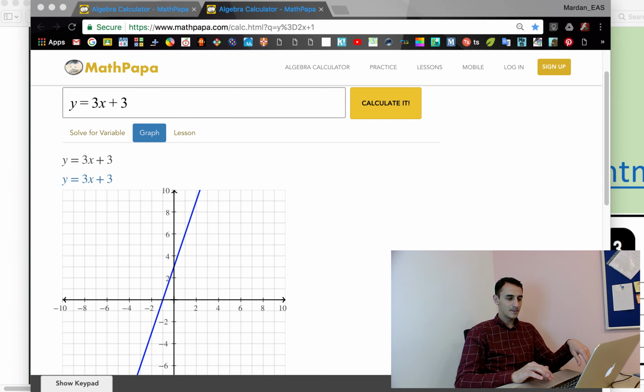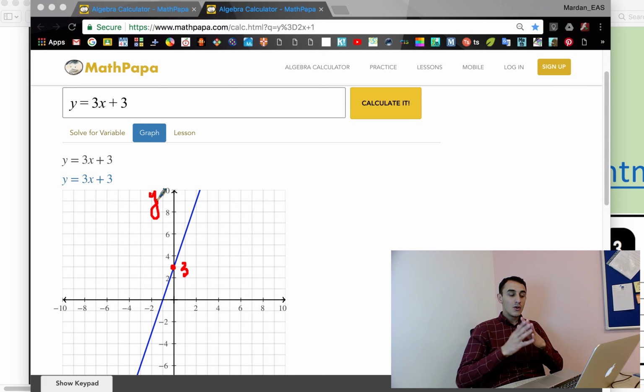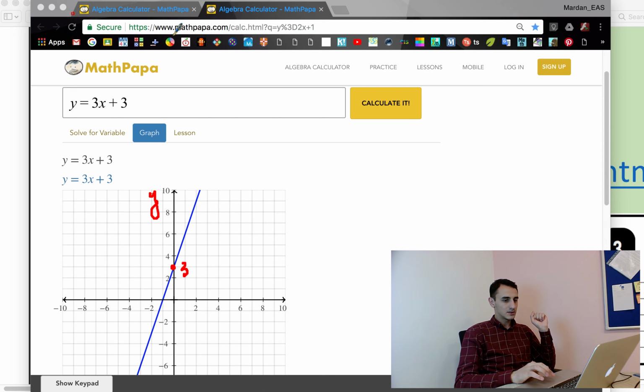You see? Now it passes through 3. This is 3, again on y-axis. So for this reason, we can easily say that C represents the y-intercept, and y-intercept means intersection with y-axis. Clear? Okay. Let's turn back to our notes.